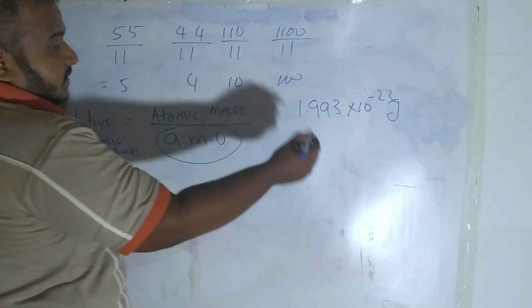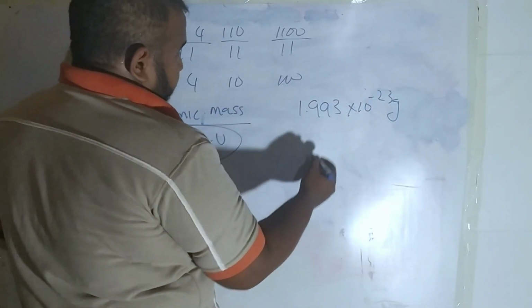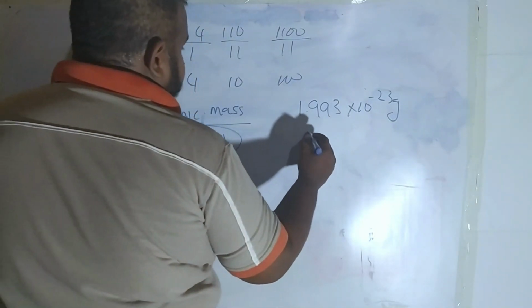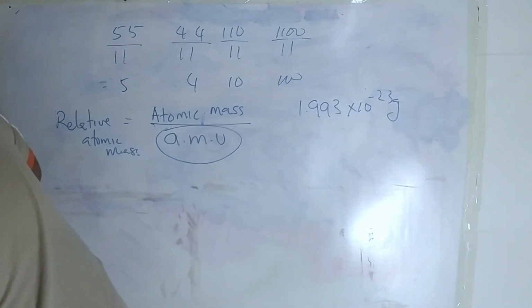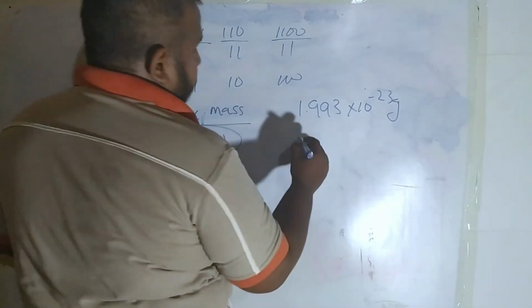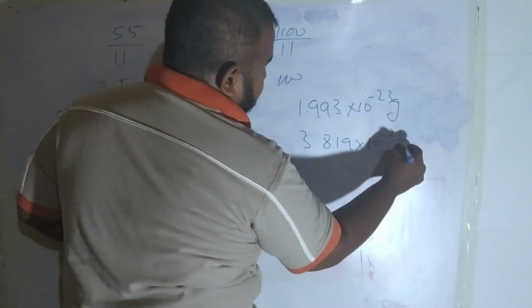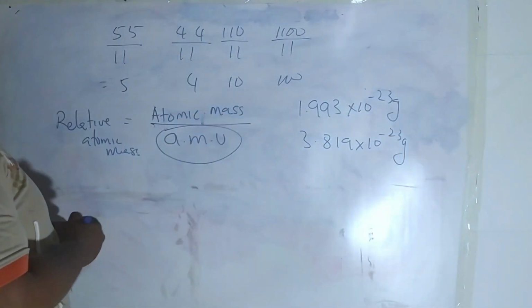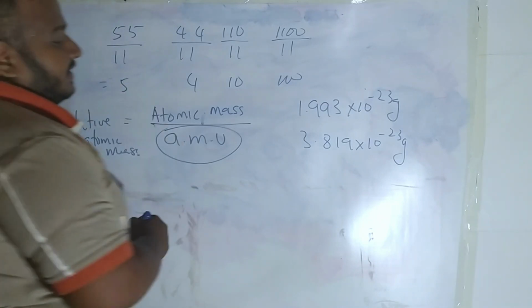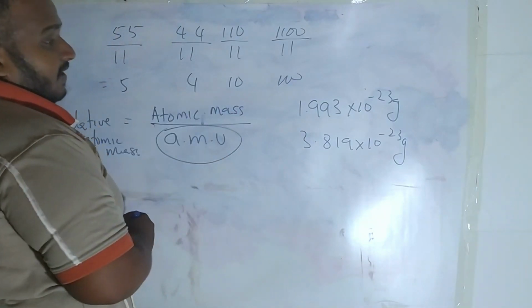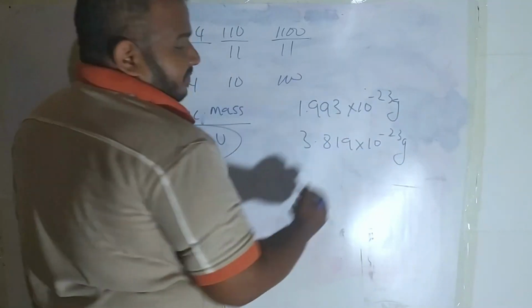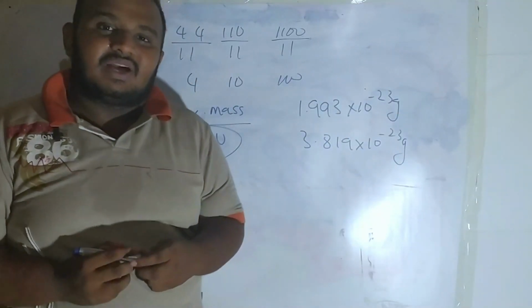If you think about sodium, it was 3.819 into 10 to the power of minus 23 gram. Again a complex value. While identifying the highest common factor, you might think why it can't be 2, 3. It is not easy to identify.